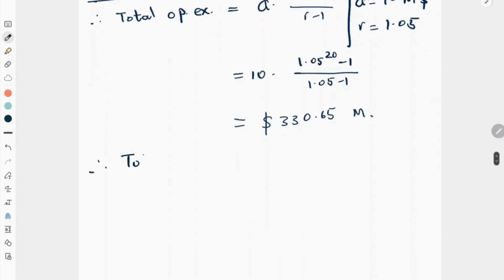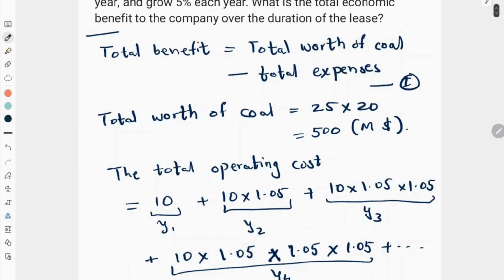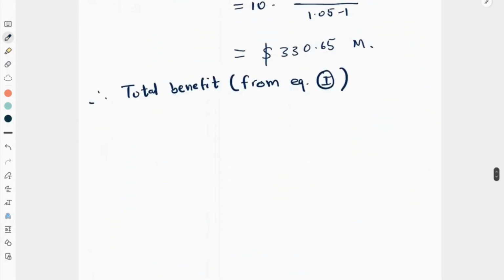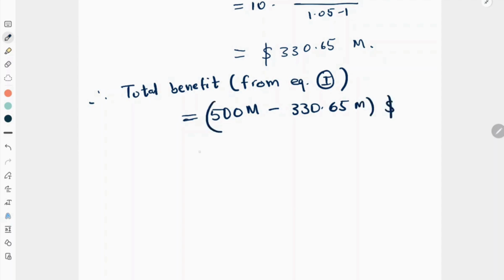So total benefit, we are getting it from equation 1, which is total worth of the coal minus total expenses, which is $500 million minus $330.65 million, which is approximately $169 million.